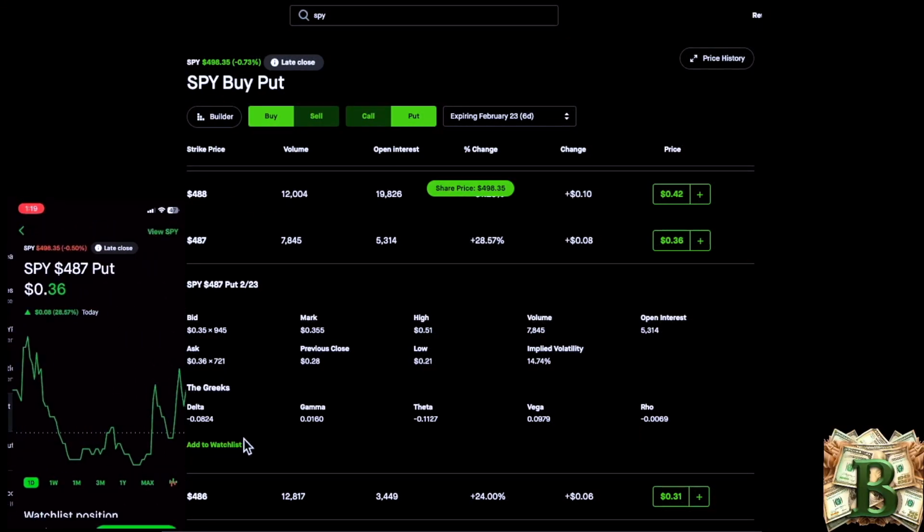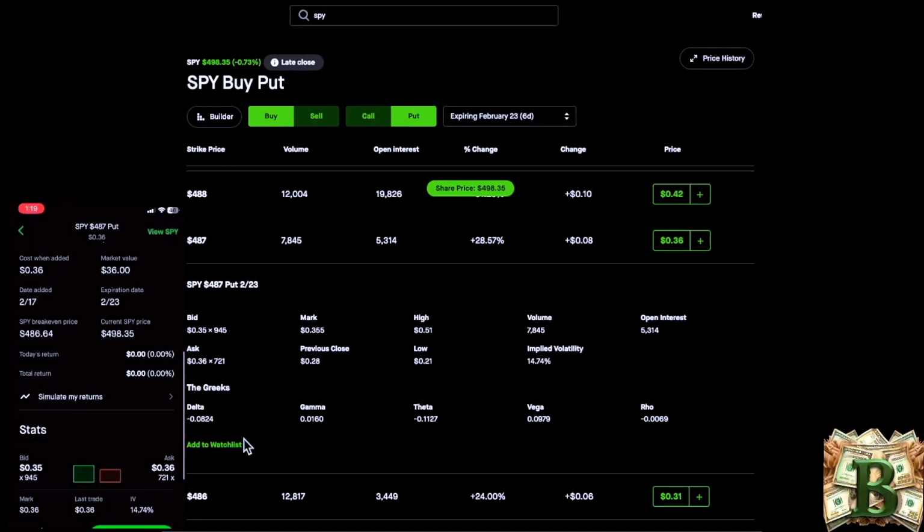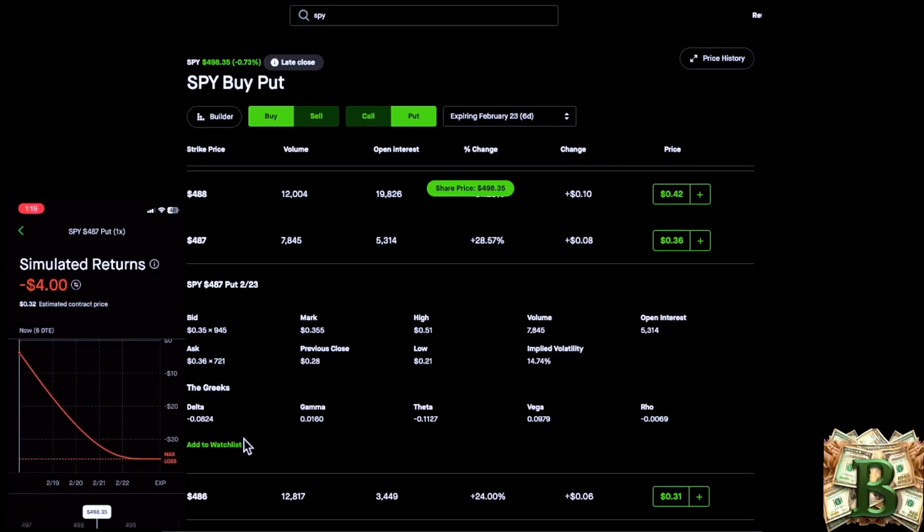On the watch list, you can do a simulated returns thing, and it'll show you, as the price, let's say it goes to 490. Okay, so 490, and then here's your date, right?